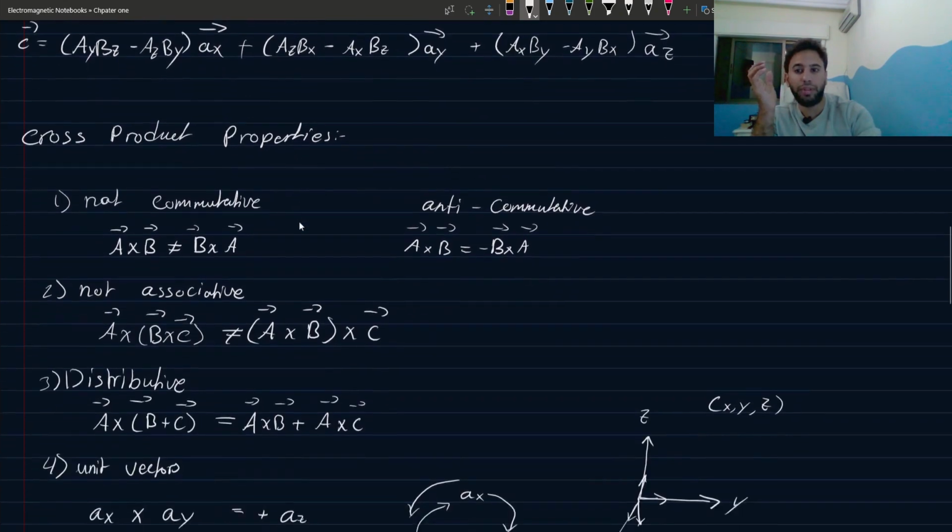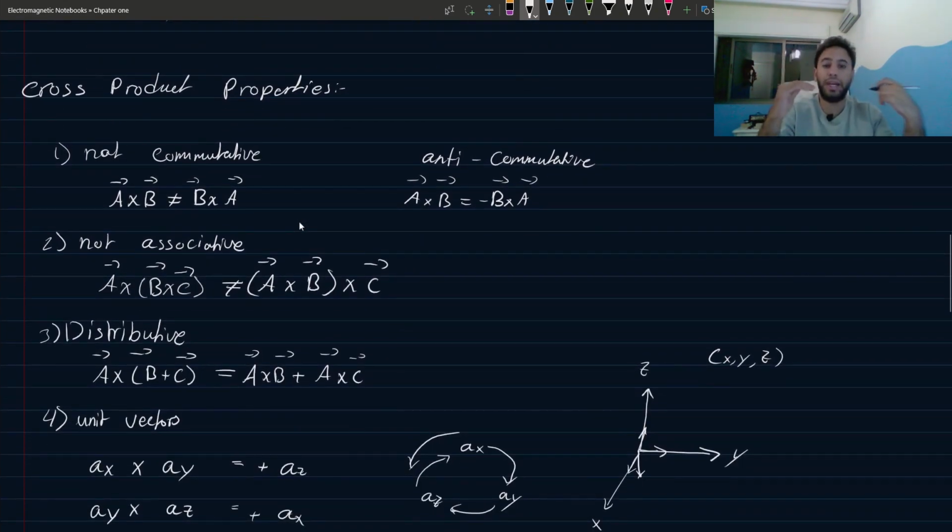Cross product properties. It is not commutative, it's anti-commutative, meaning that the order of multiplication matters in vector multiplication. A cross B does not equal B cross A. In fact, A cross B equals negative B cross A, because direction here matters.